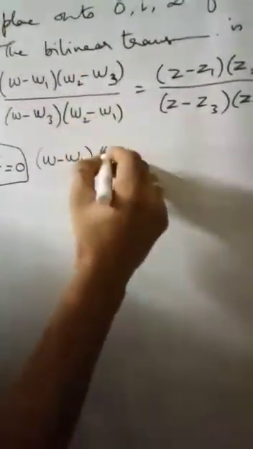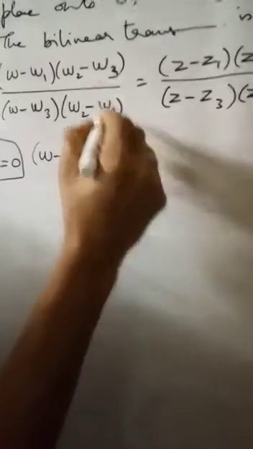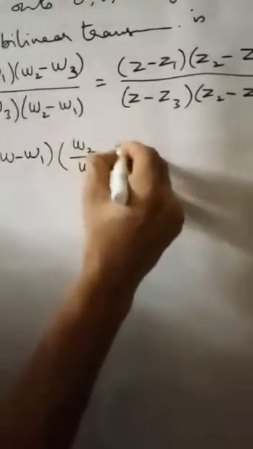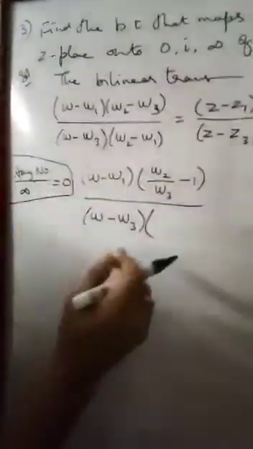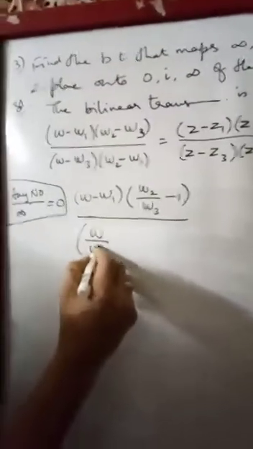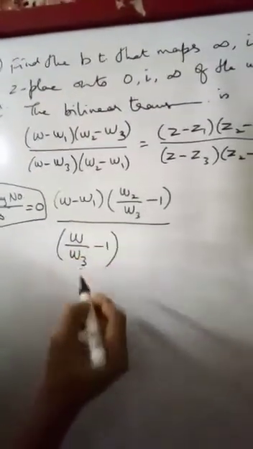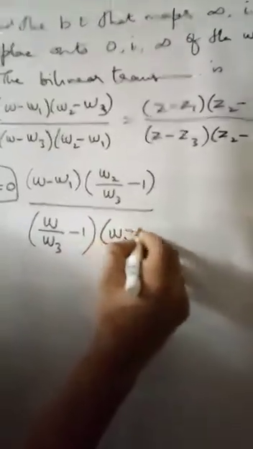So I am going to write this formula as omega 2 by omega 3 minus 1, and omega 3 is here, isn't it? So you have to write like this. In this factor you write omega by omega 3 minus 1 into omega 2 minus omega 1.